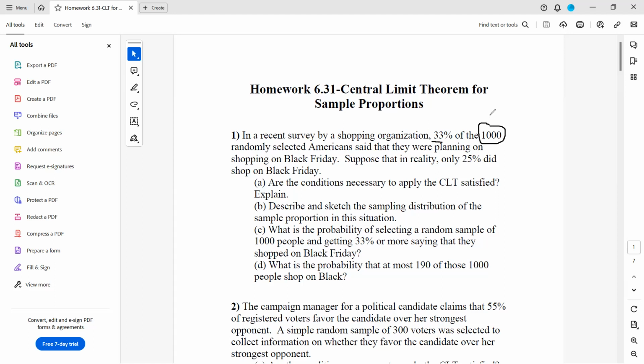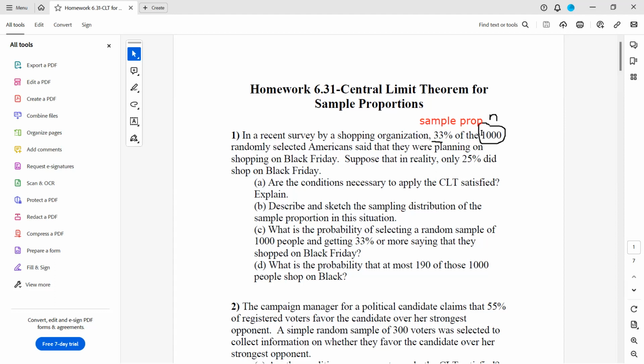And this is my sample size, right? So guess what? This must be my sample proportion. This 33 is my sample proportion, isn't it?